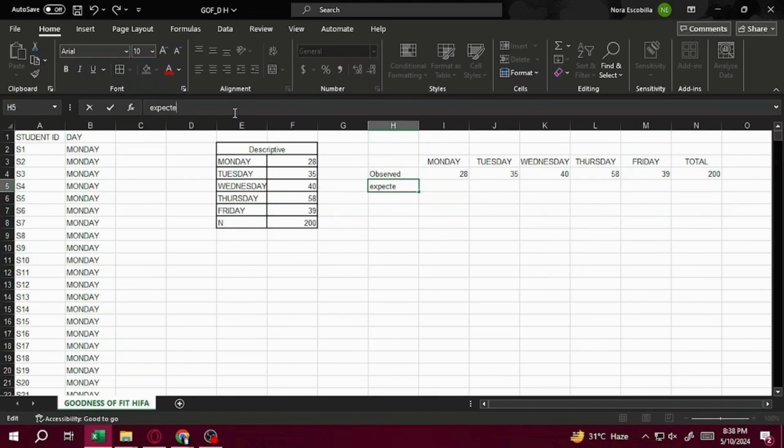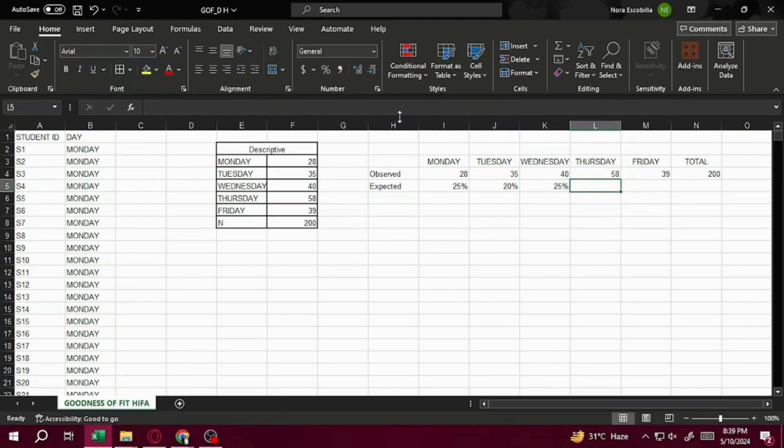So since we already transferred our observed values, let's input our expected percentage. Type expected and write the expected values for each day. For Monday, we have 25%. For Tuesday, we have 20%. For Wednesday, we have 25%.